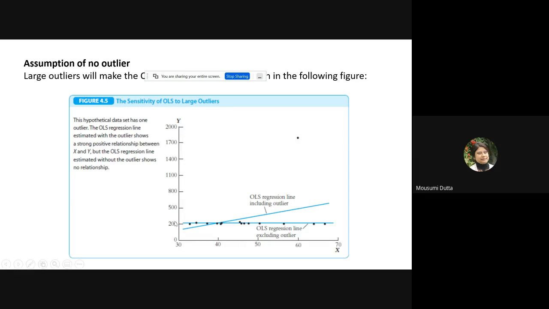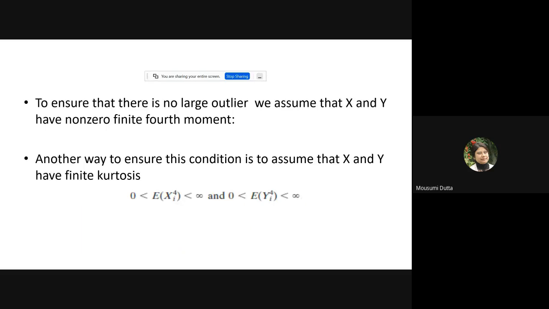The entire set of observations is telling you there is a negative relation between y and x. However, just for this single outlier, the entire estimated fit will be a wrong fit.